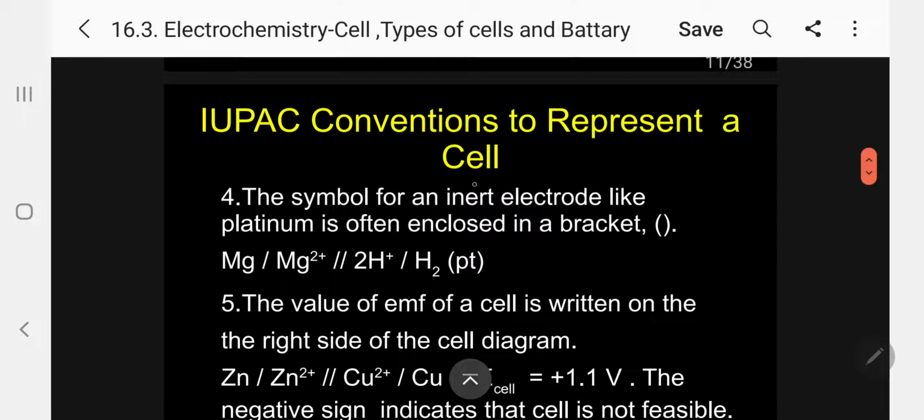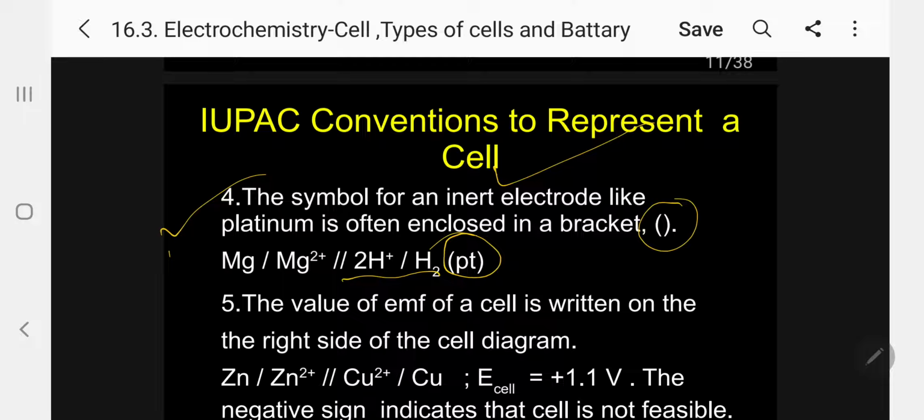The symbol for an inert electrode like platinum is often enclosed in a bracket. I have already shown. In the case of the hydrogen electrode, within the bracket we are writing platinum. Kindly follow. Pt, H2 gas, 2H plus. Actually this is not the correct representation.